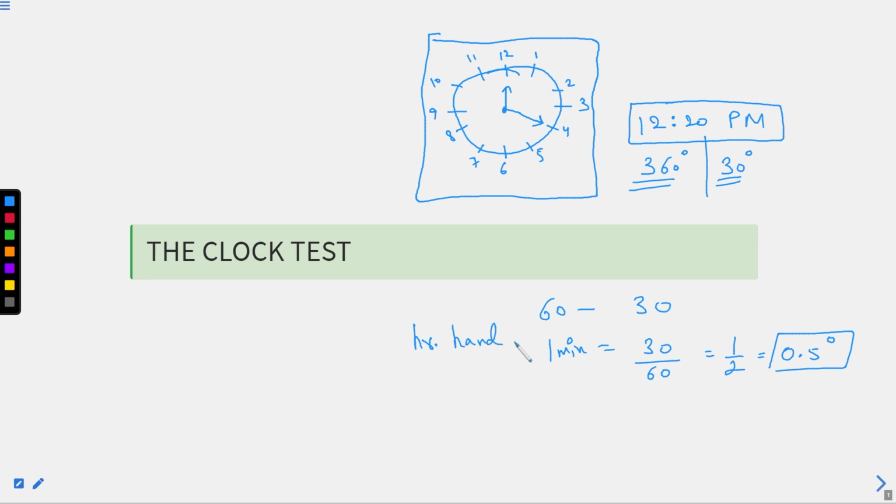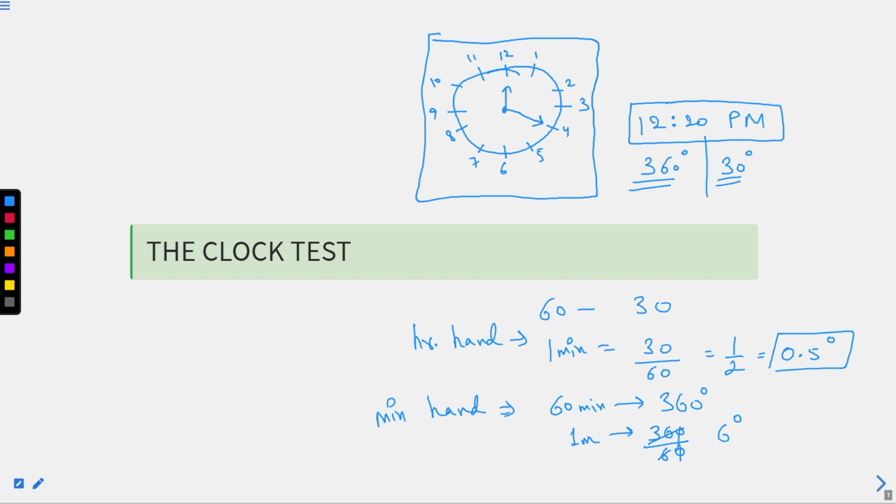I hope you find this well, right? Now, if we talk about the minute hand, what was the status for that? In 60 minutes, it covers 360 degrees. So in 1 minute, how much will it cover? 360 divided by 60, that comes out to be 6 degrees.